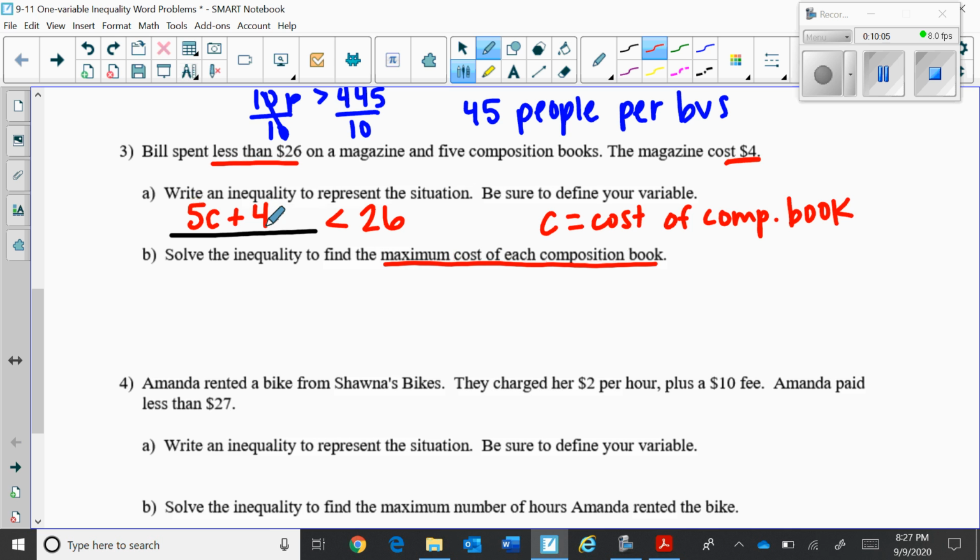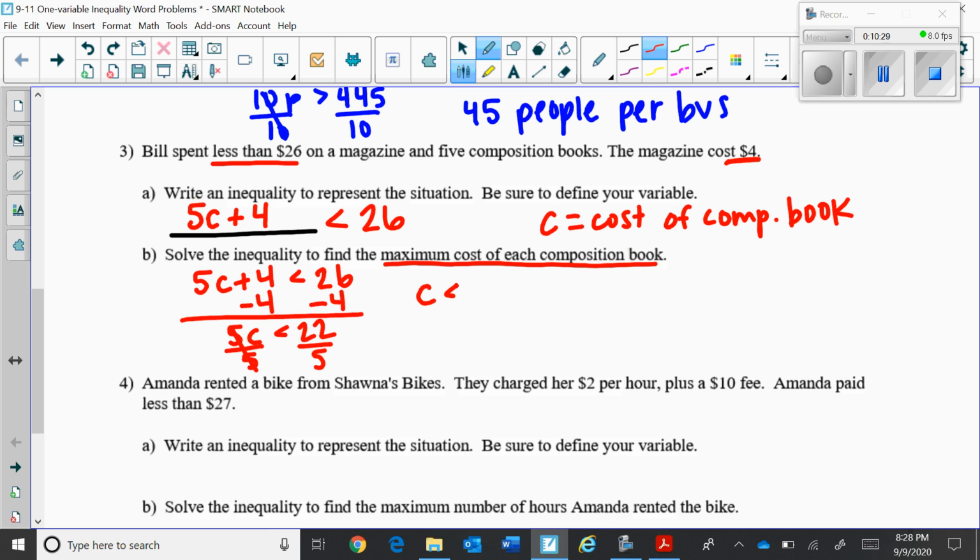Now we can solve that. 5C plus 4 is less than 26. Subtract 4 from both sides. 5C is less than 22. Divide both sides by 5.